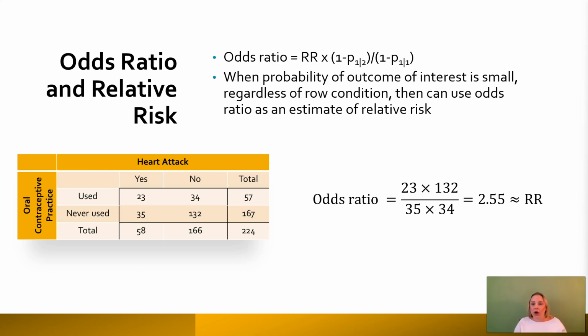So looking at your heart attack and oral contraceptive use, we're going to use 23, which is the number of yes, you had a heart attack and yes, you used oral contraceptive. Then you're going to multiply it by the number of those who have not had a heart attack and no, they didn't use contraceptive, divided by the opposite proportions from our contingency table to give us about a 2.55 as my relative risk.